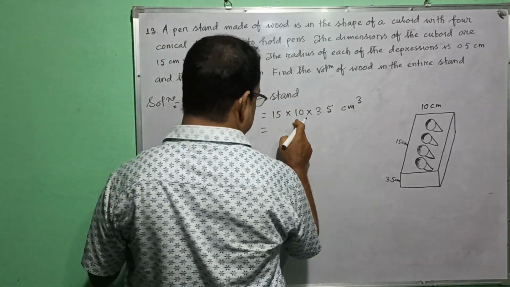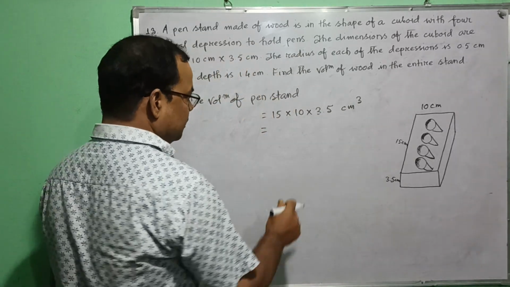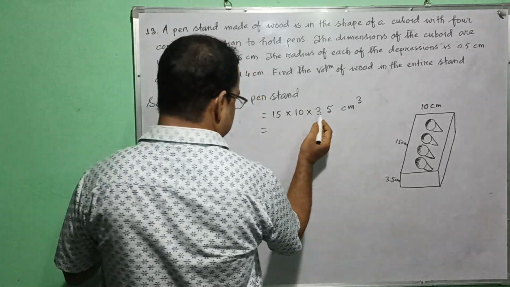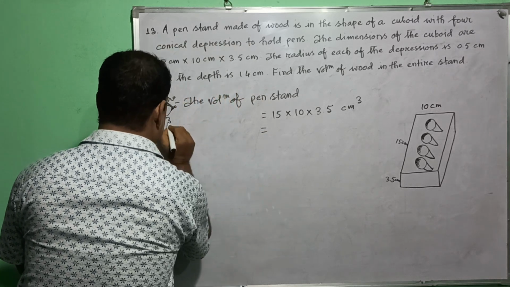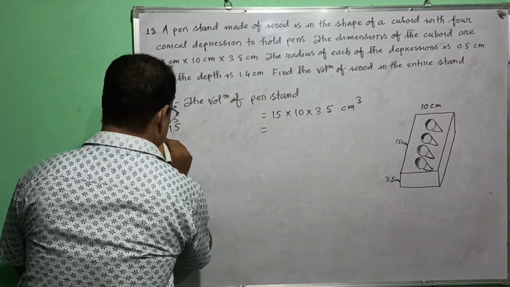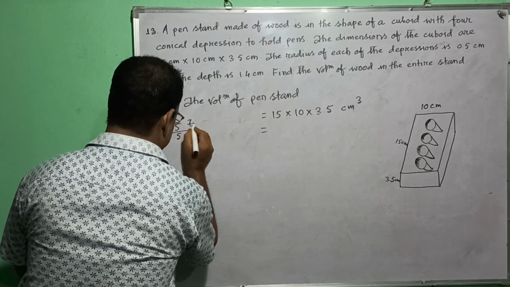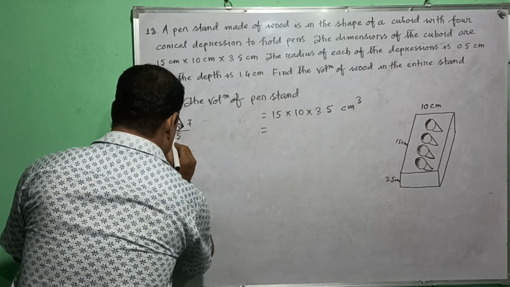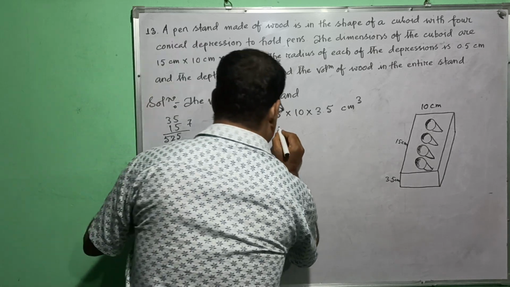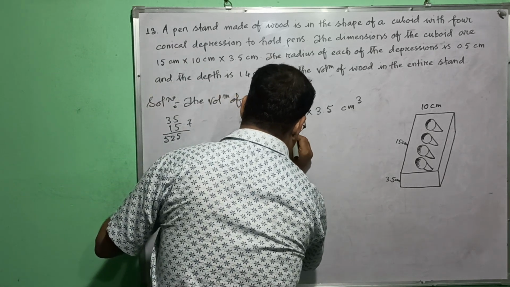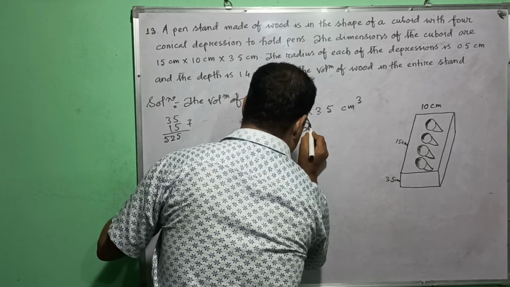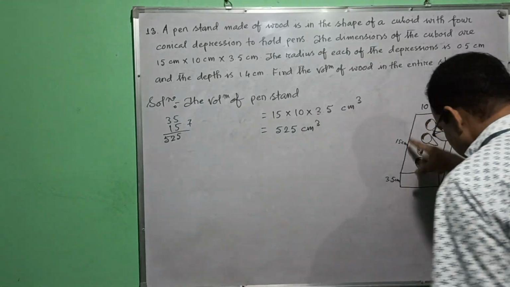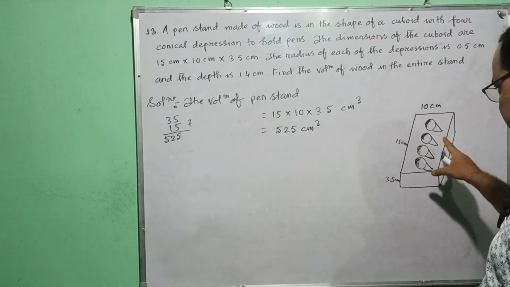So it is 10 multiplied by 3.5, so we can just remove the decimal. 35 into 15, we can multiply, it is 525 cubic centimeter. So this is the volume of the entire pen stand.